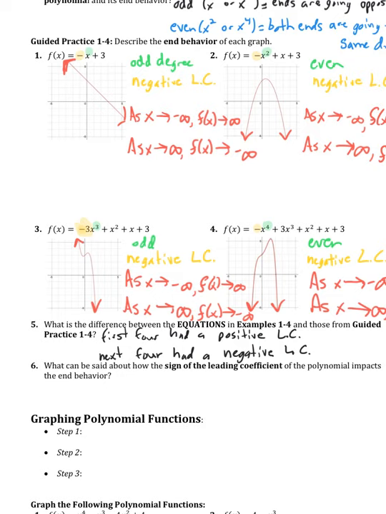So what can be said about how the sign of the leading coefficient of the polynomial impacts end behavior? It's actually something we would have talked about in AGS2 a lot, maybe in AGS1. It's a transformation. Whenever you put a negative in front of the leading coefficient, it flips the graph over. So the negative sign flipped the graph.